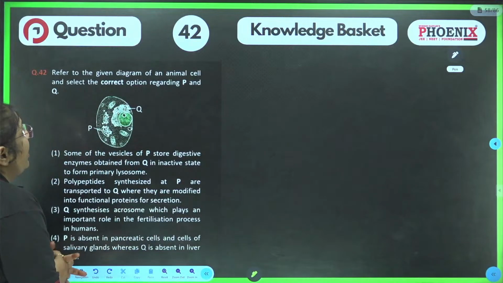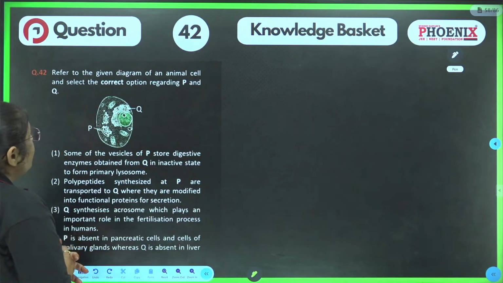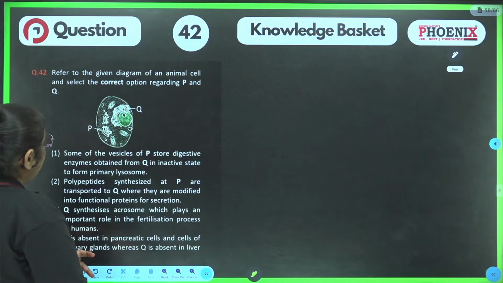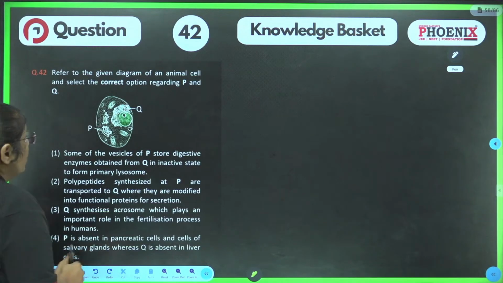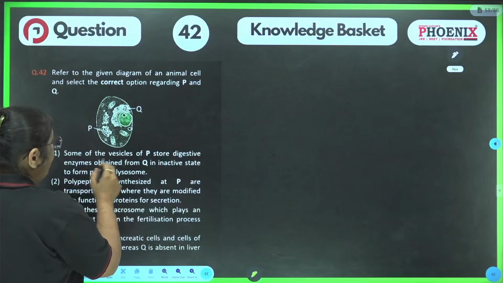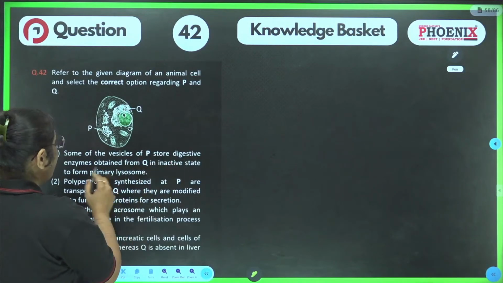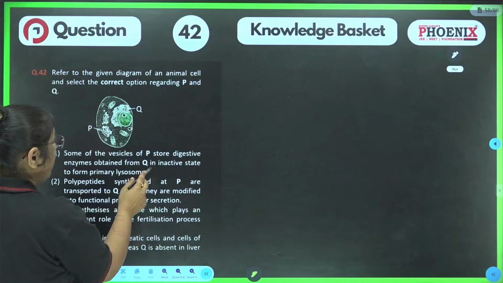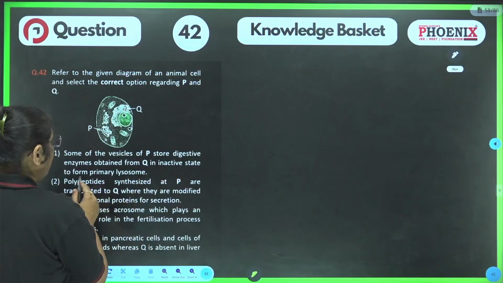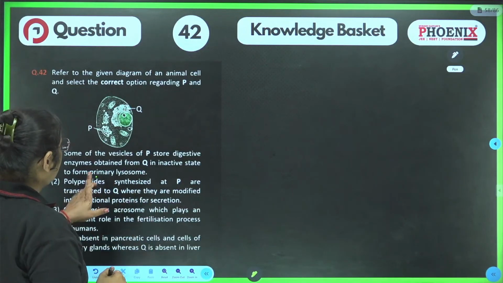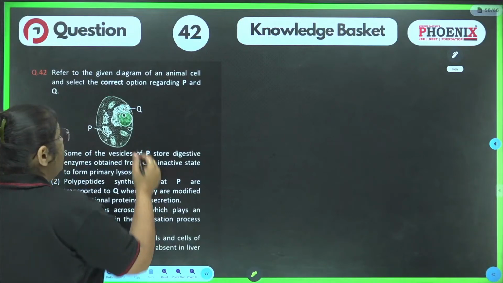Refer to the given diagram of an animal cell and select the correct option regarding P and Q. Some of the vesicles of P store digestive enzymes obtained from Q in inactive state to form primary lysosomes. If we look, what is Q?